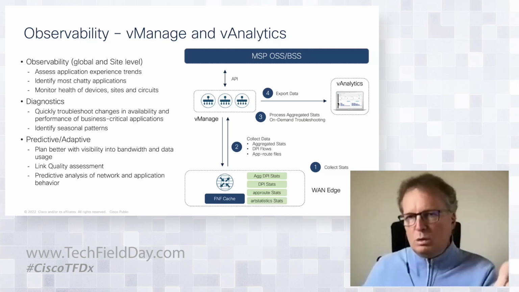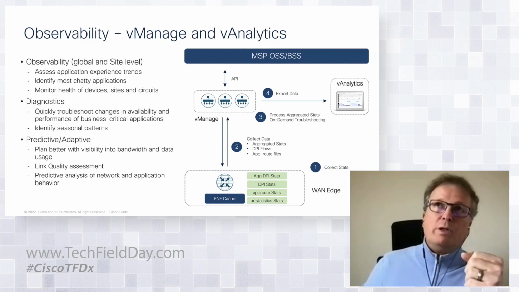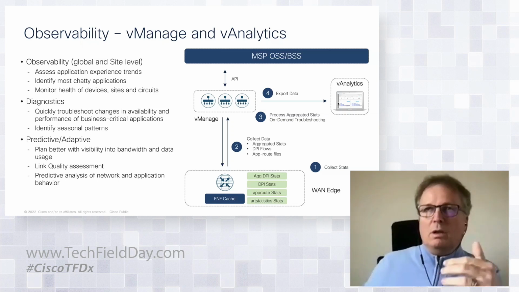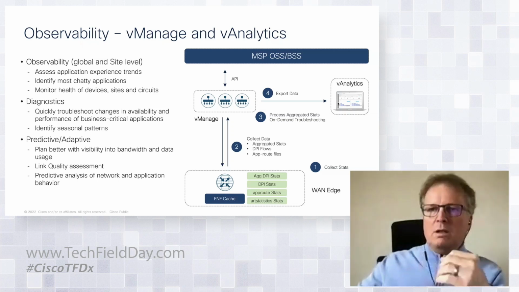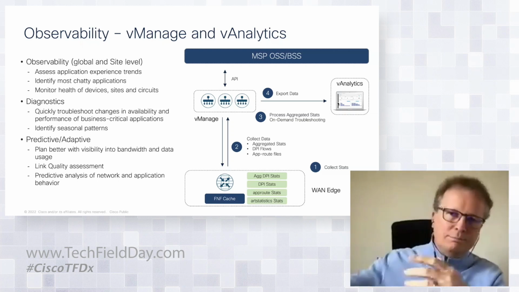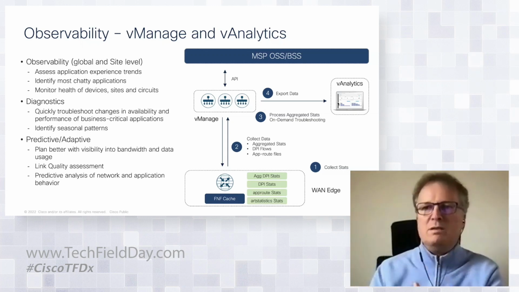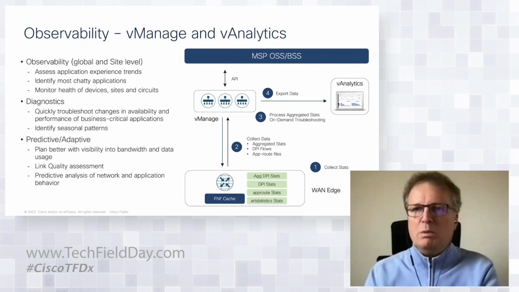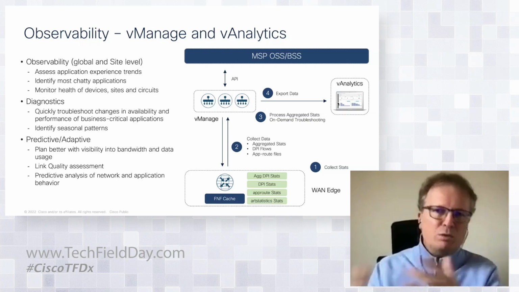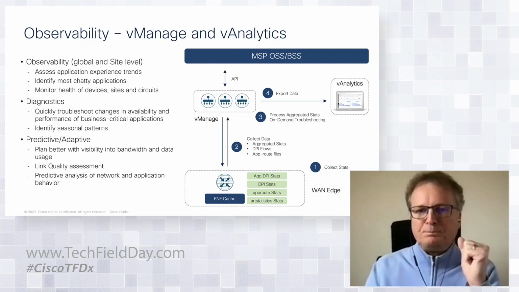We assign a score for the applications. And we also try to do some predictive analysis. Like, this is the trend that you see for that tunnel, so maybe you want to add more bandwidth on that tunnel because of the way it's being used. Or maybe you'd better use that path rather than this path because it's better in terms of delay. So this kind of analysis.